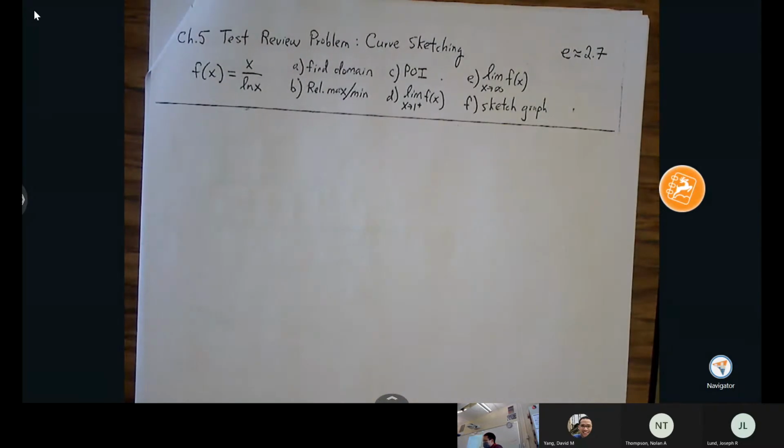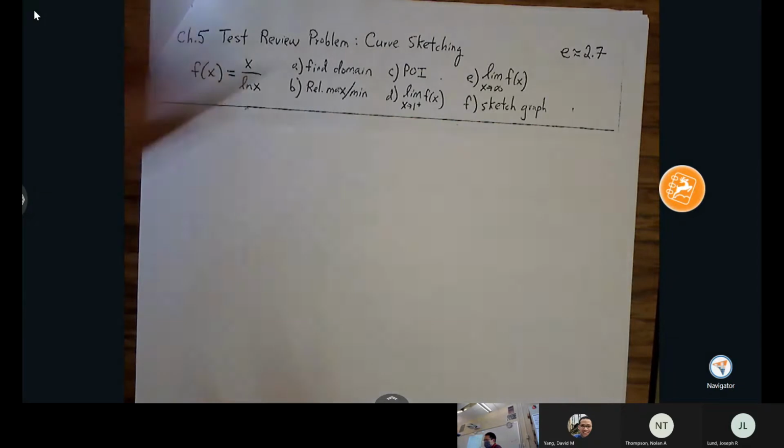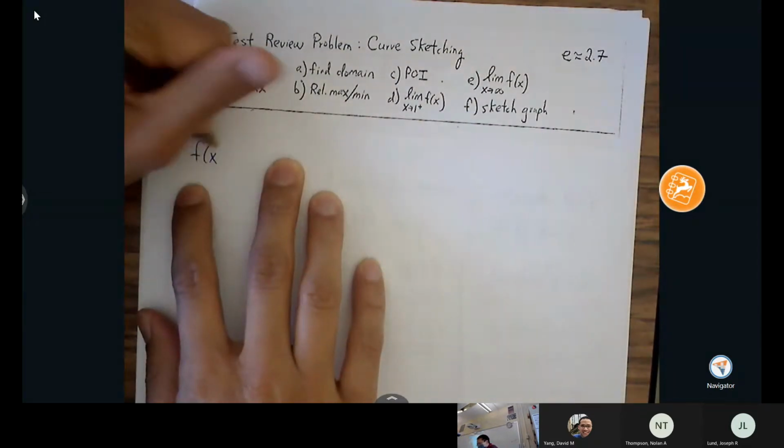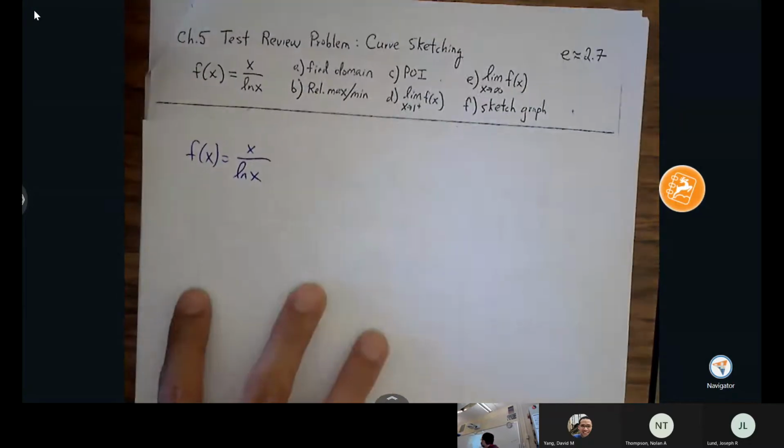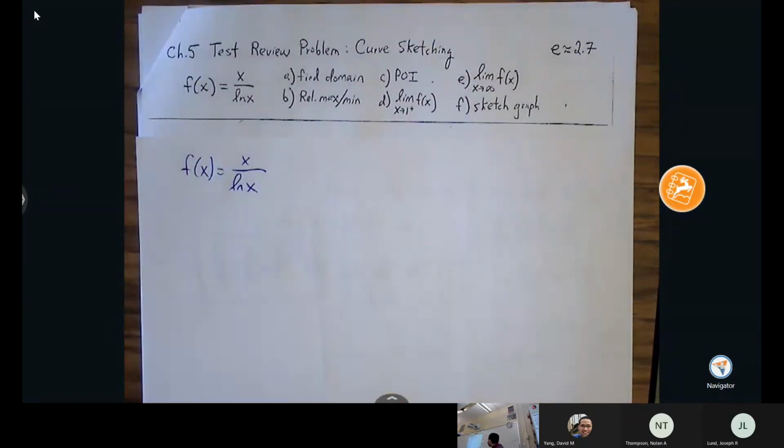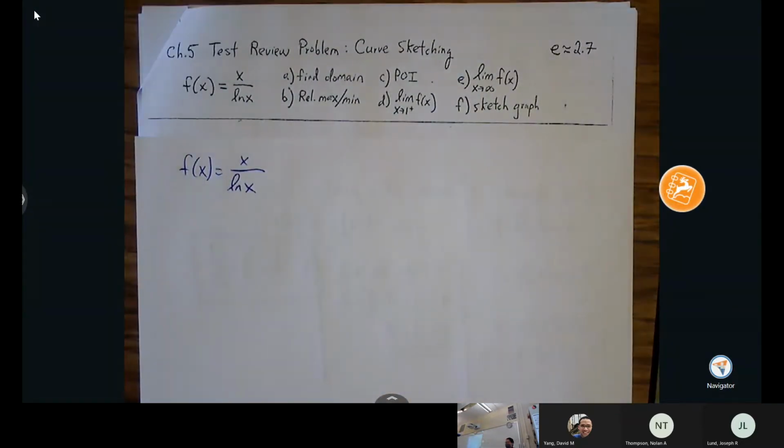So let's start off by finding the derivative. If I want to find relative max, relative min, I have to find f prime.